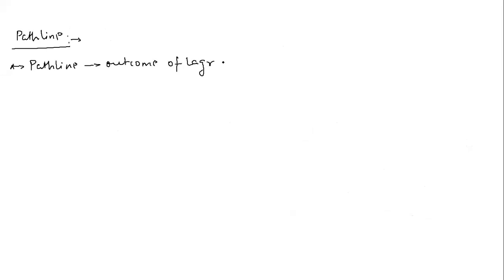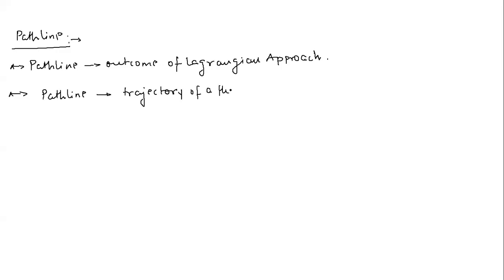While defining the path line, we are actually following the Lagrangian approach. So let me define this. The path line, as the name suggests, is the trajectory of a fluid particle.